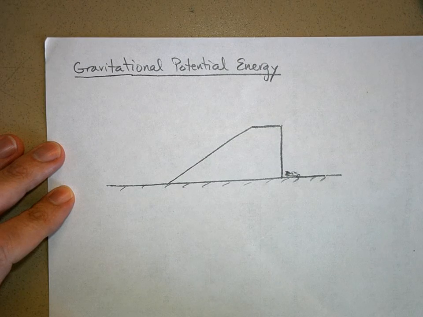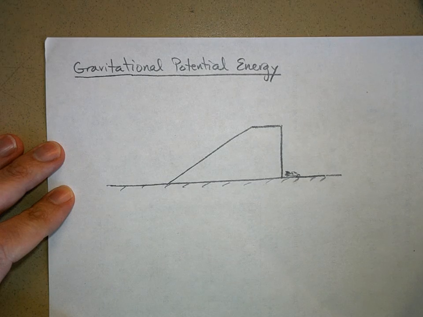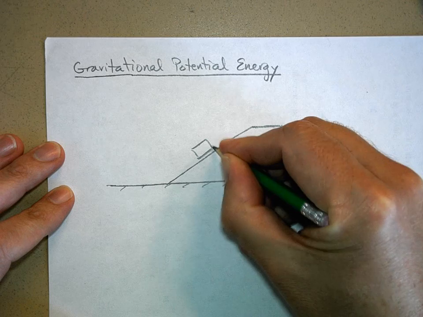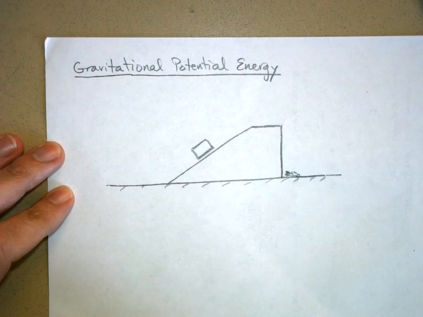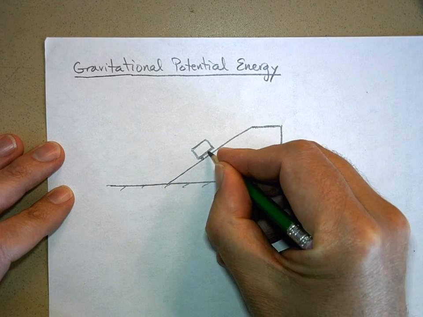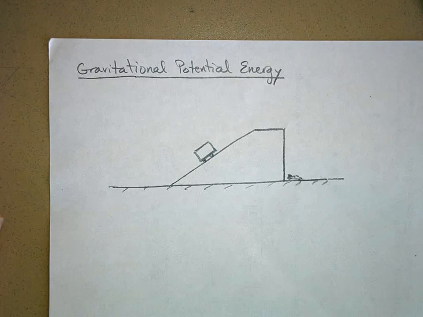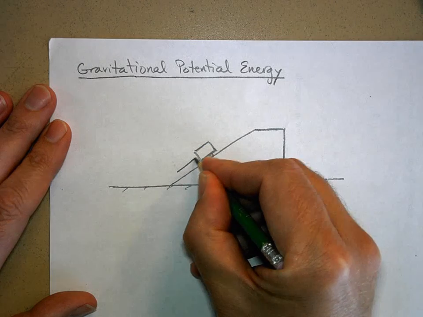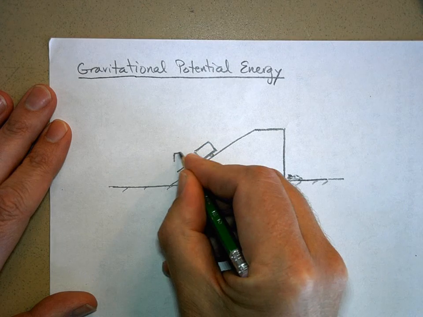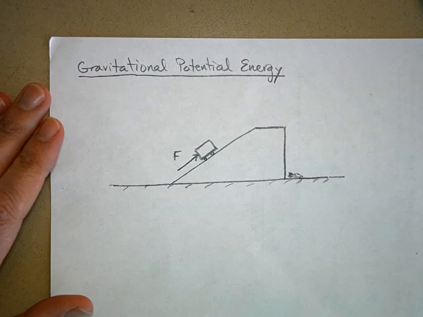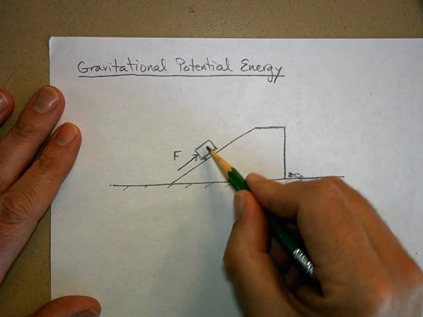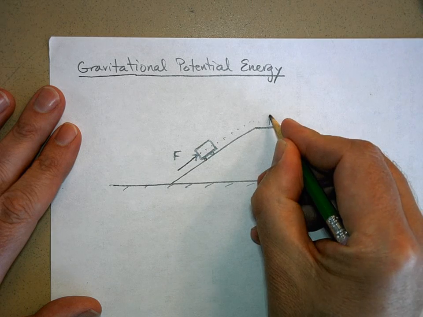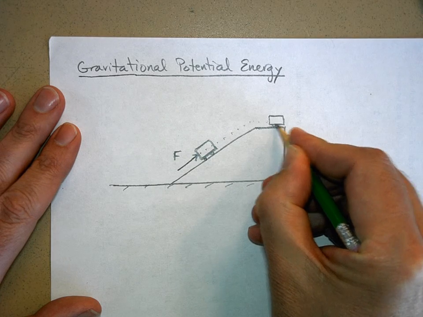And somebody's going to do this: here's a big crate, and it's on wheels. We'll just leave friction out for a little bit here. And we're going to push this crate up the ramp. So here will be an applied force, and we're going to push that crate up the ramp until it gets here. So here's the crate right up here.